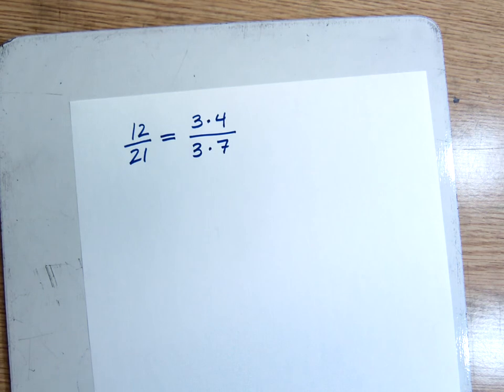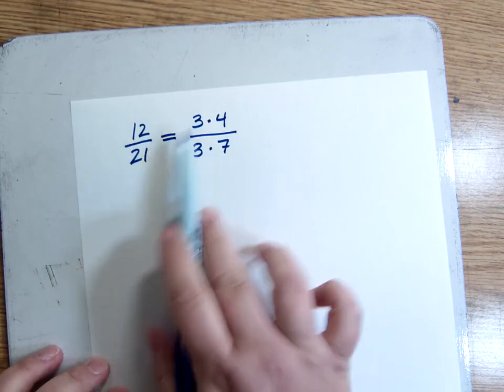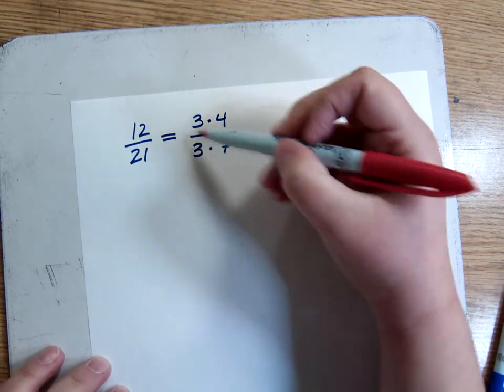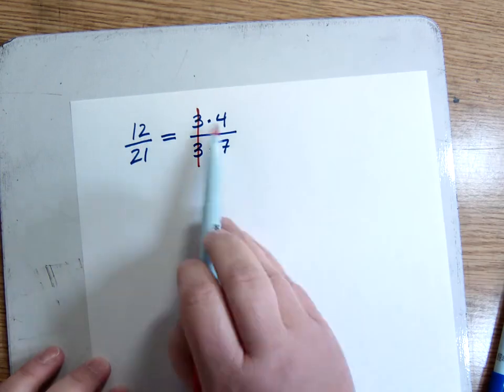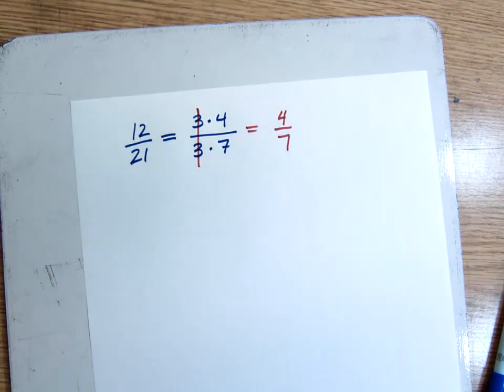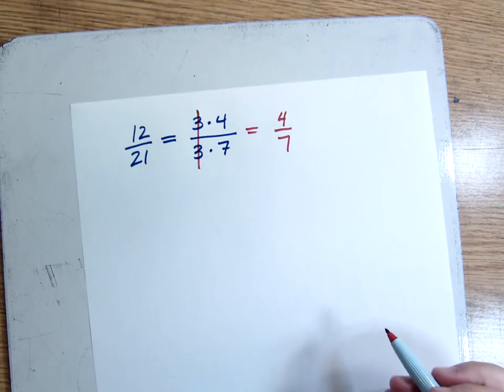Yes, I could call it 2 times 6 or something like that. But the point is, I was thinking, what goes into both of these? 3. So this is 3 times 4. This is 3 times 7. And then we cancel. So factor, factor, factor, cancel, cancel, cancel. That's how we reduce a fraction. That is how we simplify something that is rational, even if it's just numbers. But we're going to get more into doing it with variables.